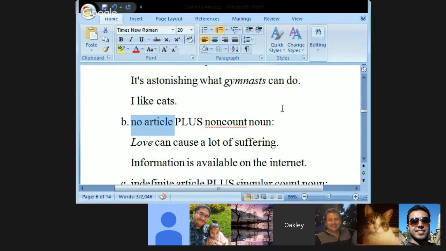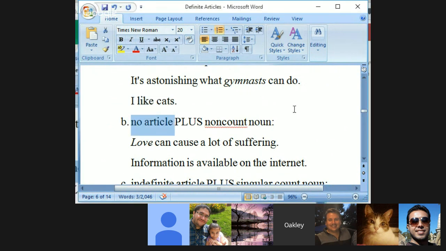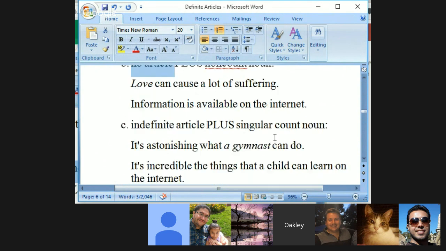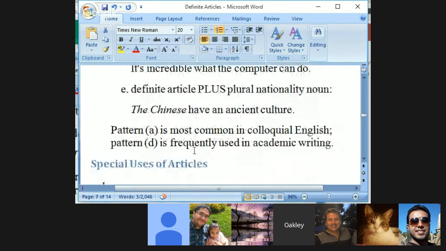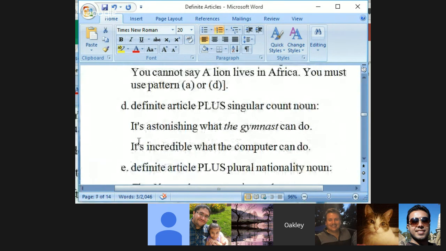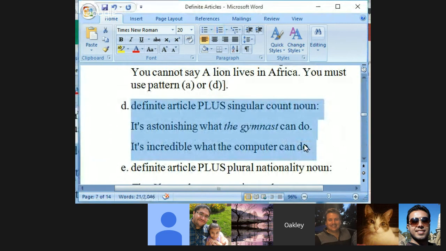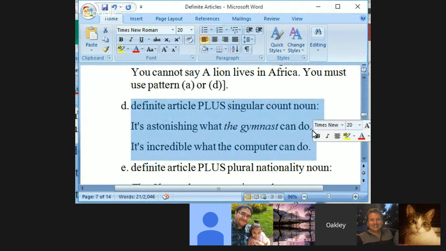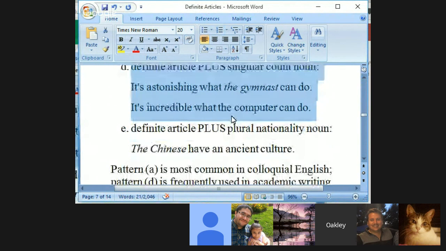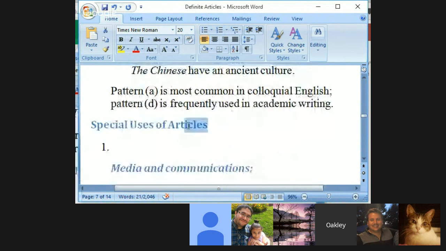All right, this is most common in speaking, for countables and uncountables. And as I said, D is just weird. Unless you're presenting scientific material, I would just ignore this entirely. Frankly, it's just very confusing. Okay, next class. Special uses of articles.